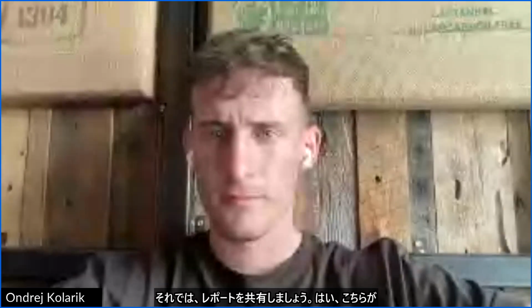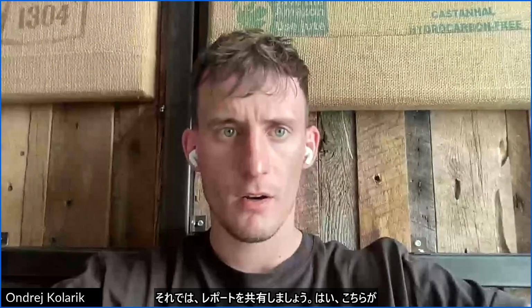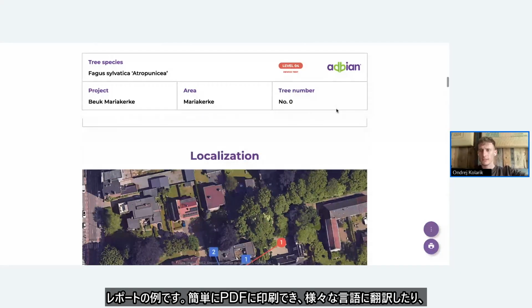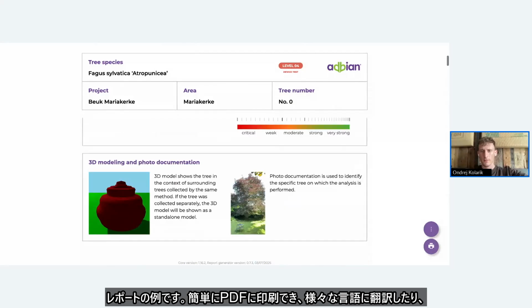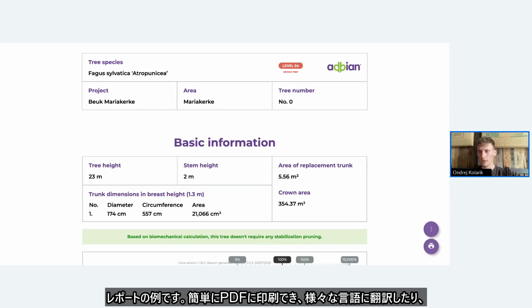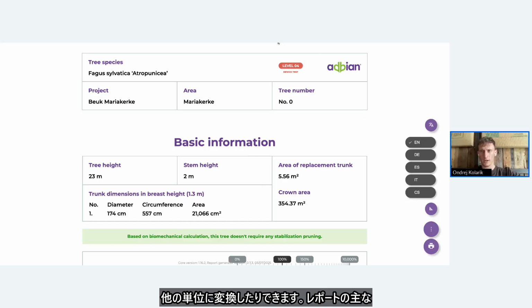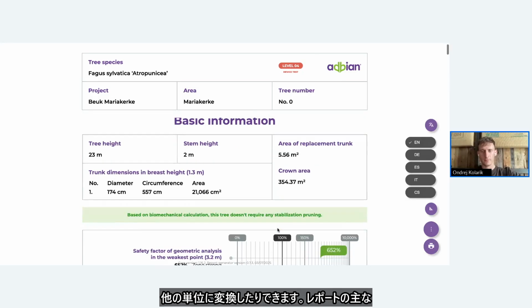So let me share a report with you. Okay. Here is an example of a report, which can be printed easily to PDF, translated to different languages, and transposed to other units.